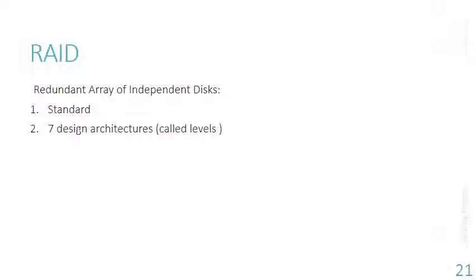This is where the RAID standard came in, and RAID stands for redundant array of independent disks, and this is practically in all computers today. So it's a standard. It has different levels, and they're called levels, and there are 7 design architectures that I know of.